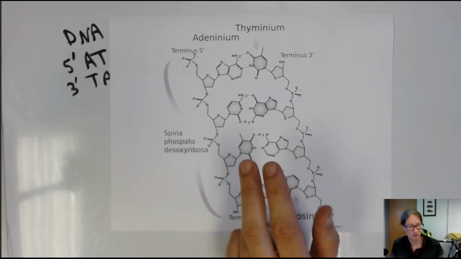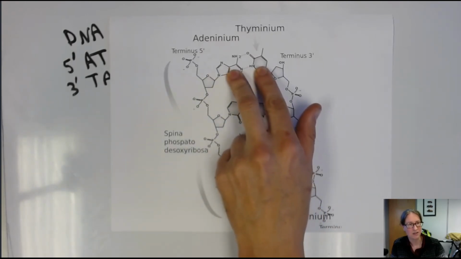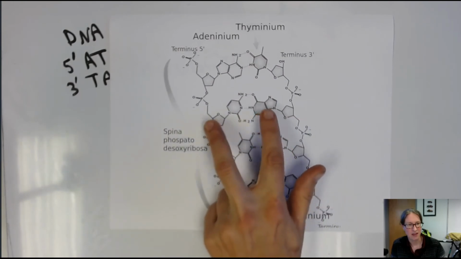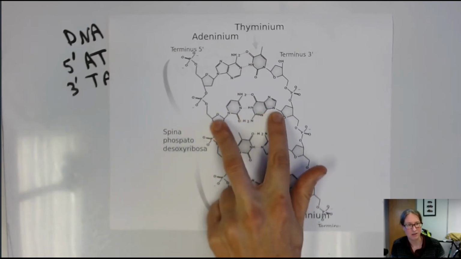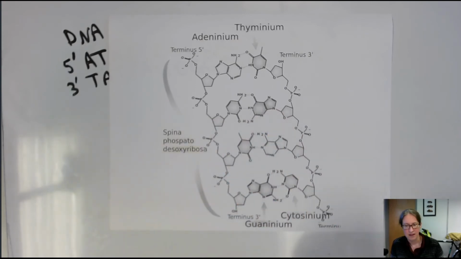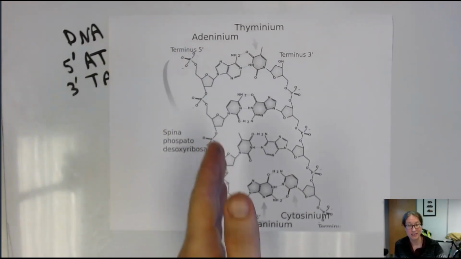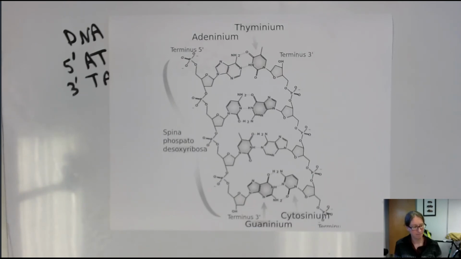And so this also shows you there are 2 hydrogen bonds present between adenine and thymine, and then there are 3 hydrogen bonds between cytosine and guanine. And the reason I want to point that out is because although these hydrogen bonds will help hold together 2 strands of a DNA molecule, they're actually a lot easier to break than all of the covalent bonds that make up the remainder of the DNA molecule. So there are circumstances where the 2 strands can be pulled apart from each other without losing the overall linear structure of the DNA molecule.